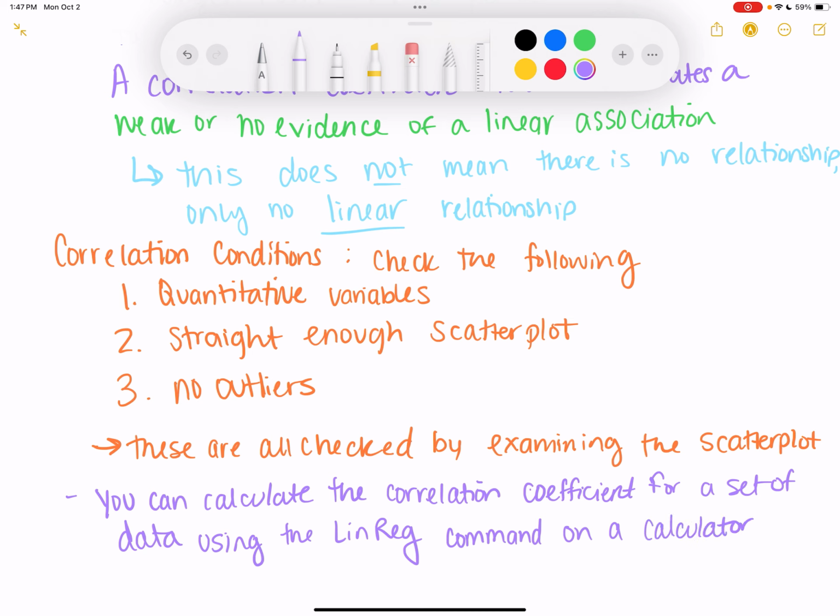Grab your calculators out super fast because I want to make sure your calculator is set to give you that value. So when you turn it on, you're going to hit mode and then arrow up till you see stat diagnostics. And then it should be on. If your diagnostic is off, you need to turn it on.